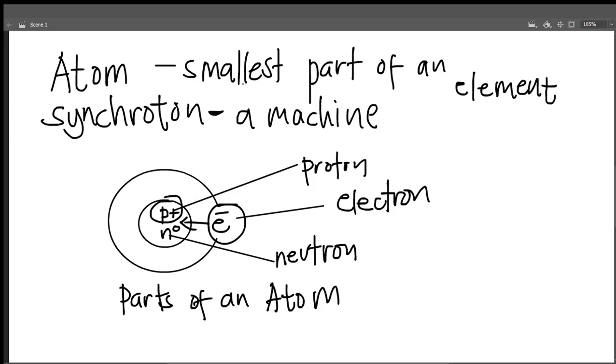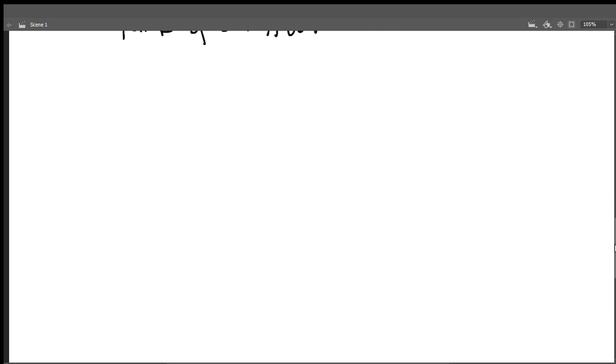Because of its speed, it keeps them flying away from the nucleus. The pull of the nucleus keeps these electrons in their orbit so that the atom does not lose them. Okay, so let us move to the next one.